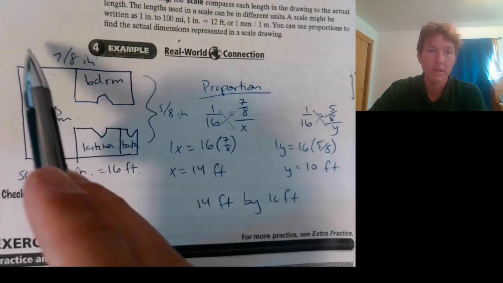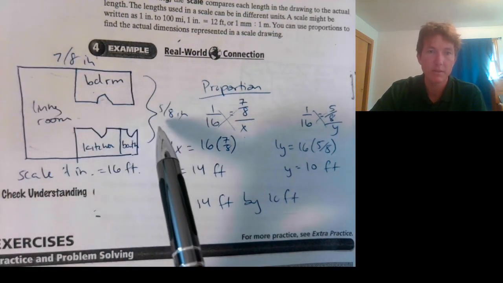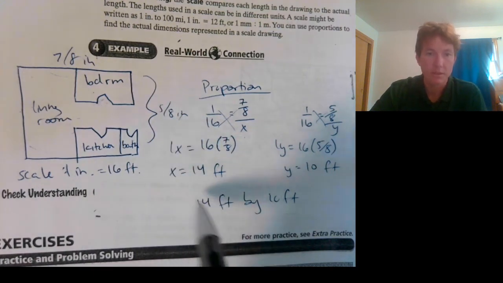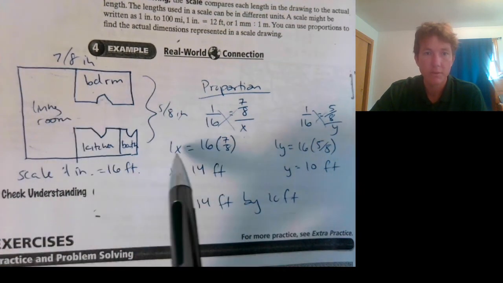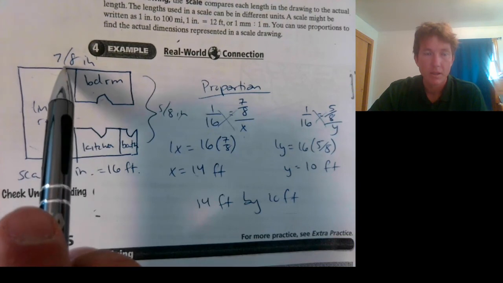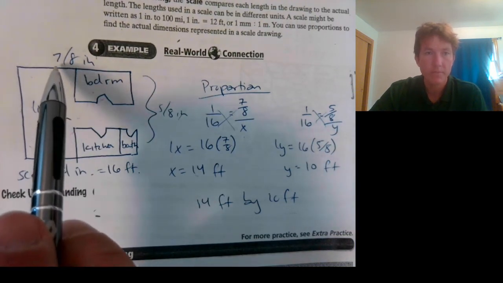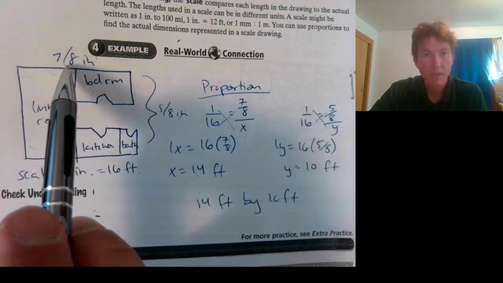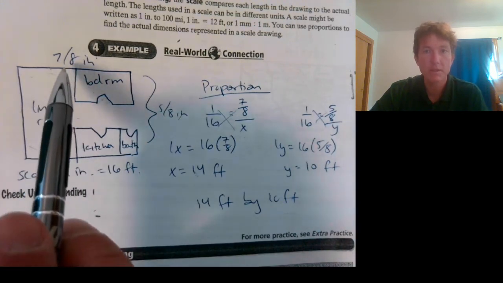So if you were to multiply this 7/8 inch by 16 feet, and this 5/8 inch by 16 feet, you would get your answer right there. Which makes sense. Why? Because the width we said was 14 feet. That was a 1 to 16 ratio. So I took 7/8 and I multiplied by 16. I got 14. So that totally makes sense because 7/8 is really close to 1.